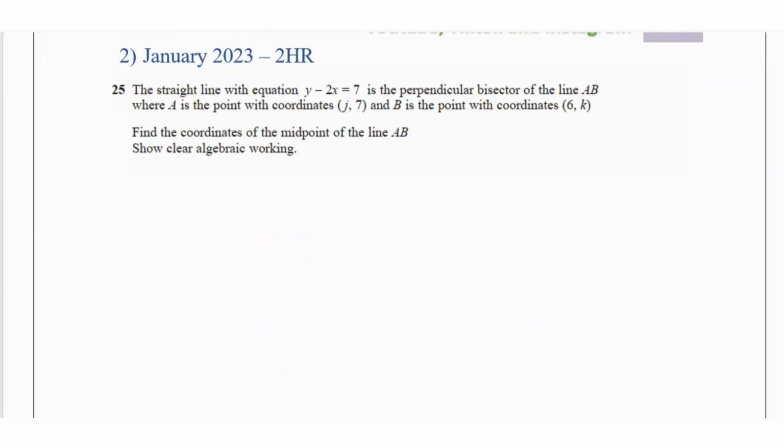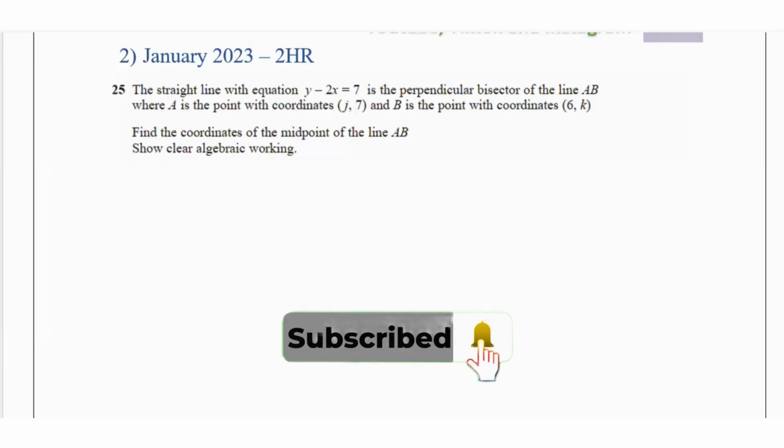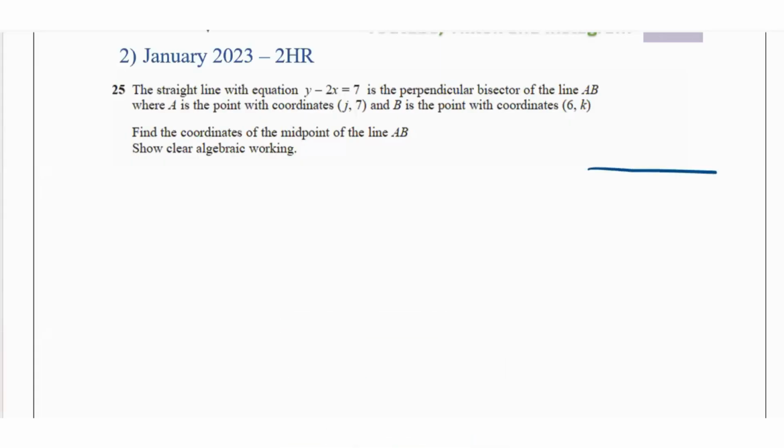And the next question says that the straight line equation y minus 2x equals 7 is the perpendicular bisector of the line AB, where A is the point with coordinates (j, 7) and B is the point with coordinates (6, k). We have to find the coordinates of the midpoint of the line AB. So if this straight line is the perpendicular bisector of the line AB, so let's say this is AB, and this is the perpendicular bisector, y minus 2x equals 7.